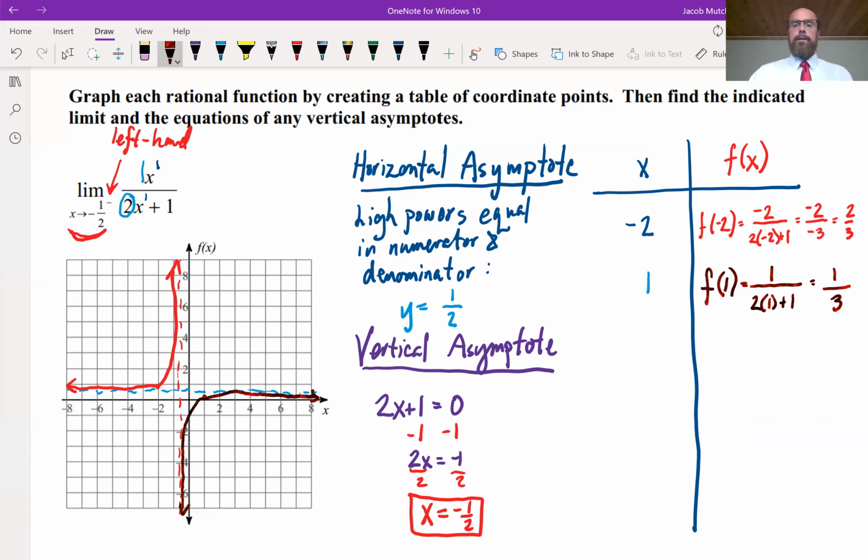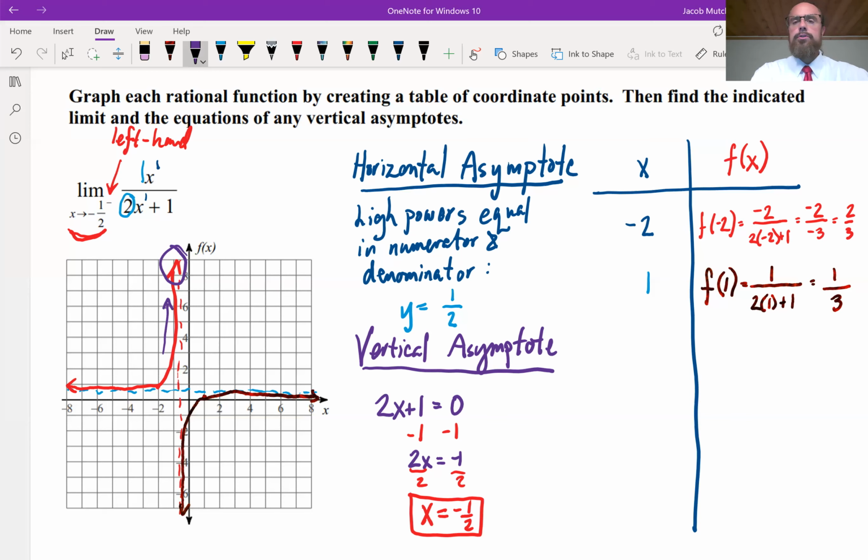Well, we've graphed it, and in fact, we found the equation for the vertical asymptote as part of our graphing. All we need to do now is determine the value of this limit. So when I look at the function, and I'm considering that I'm approaching x from the left-hand side, it's really this left-hand branch. As it gets close to -1/2, we just need to ask ourselves, where is that left-hand side heading in terms of its y value?